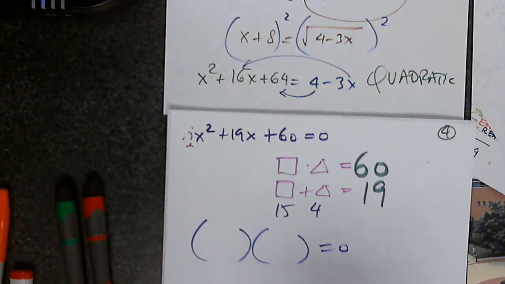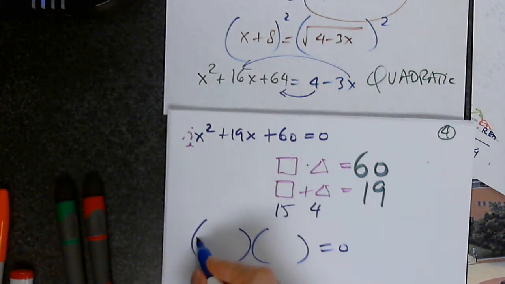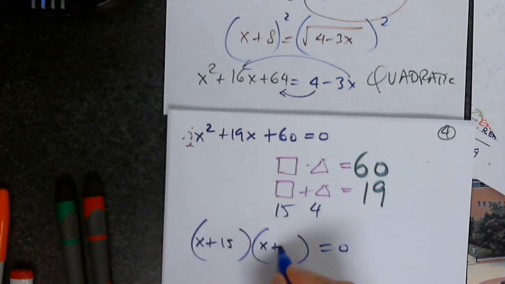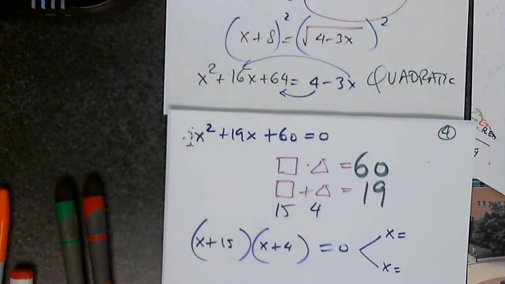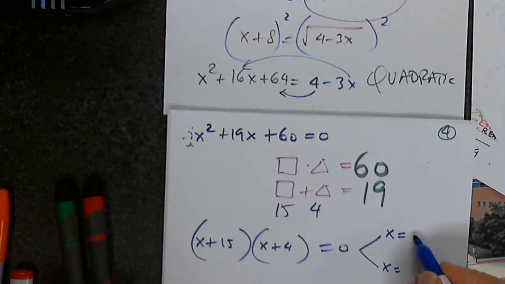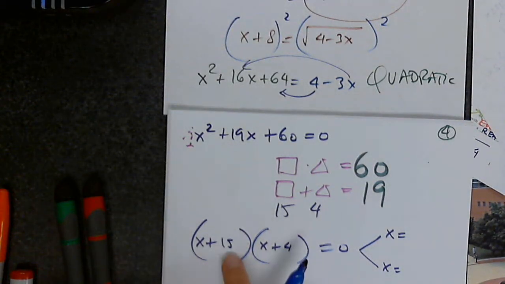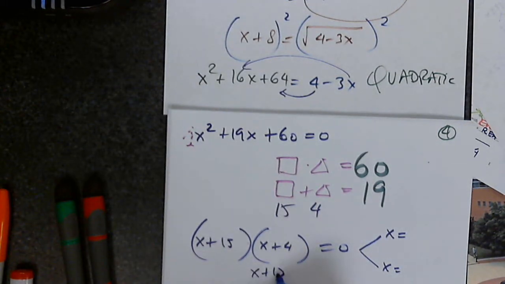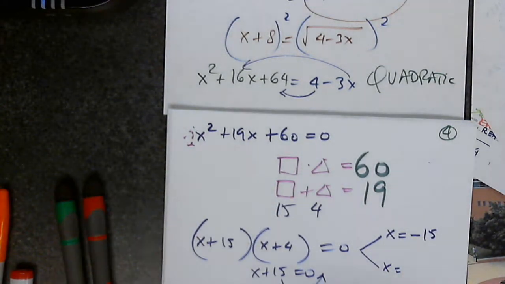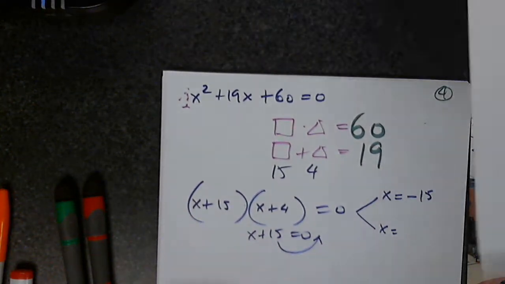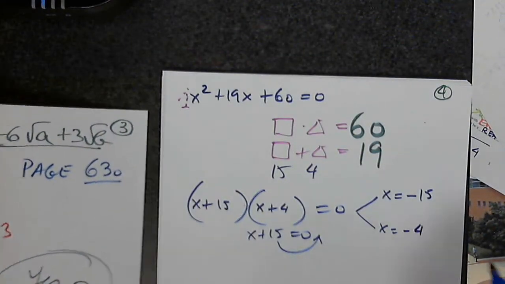So how do I factor this? X plus 15, x plus 4. Good. So there are two possibilities. 15 plus 15 will not be 0, so I have to write x plus 15 equals 0, which makes x equal to negative 15, and the same for x equals negative 4.